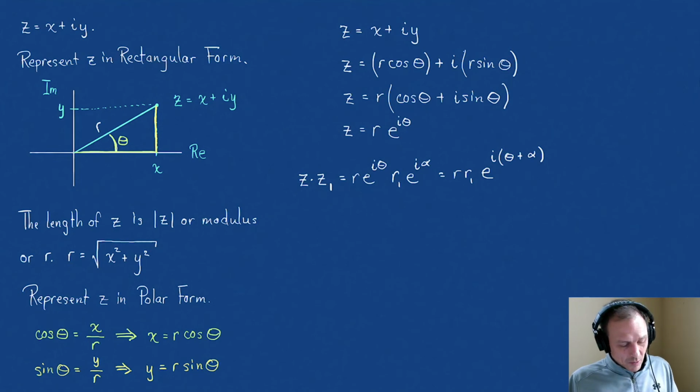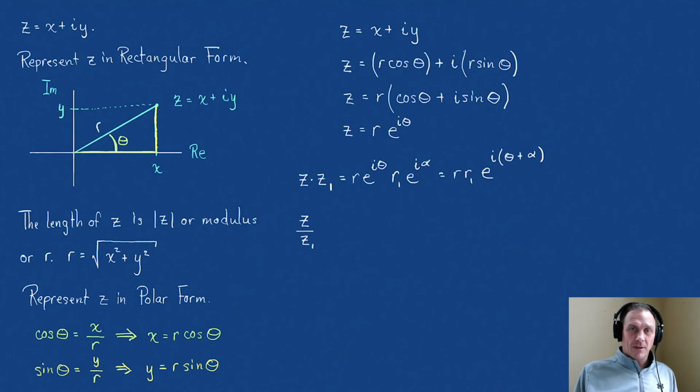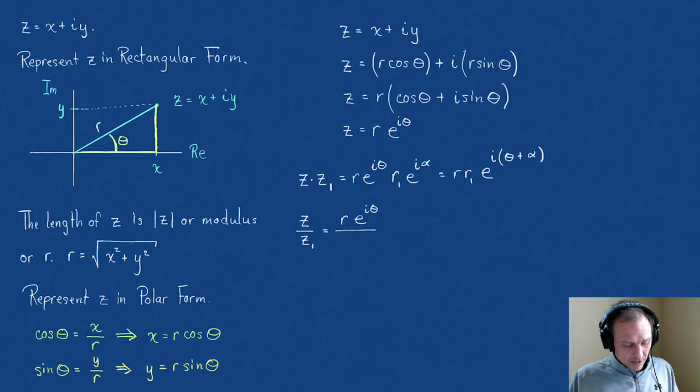Watch this. What if we take a look at z divided by z1? Now remember, previously when we divided complex numbers, we had to multiply by complex conjugates. Well, look at what this says. This says that r e to the i theta divided by r1 e to the i alpha.